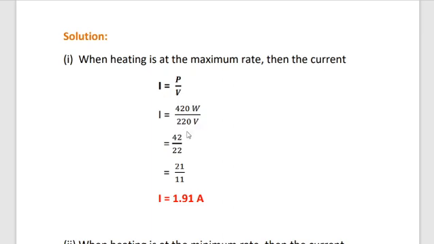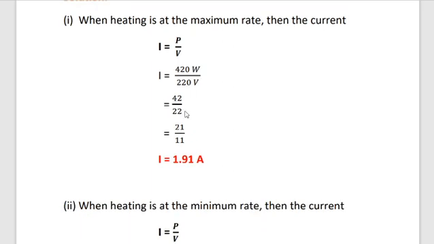The zeros cancel, and the balance is 42 divided by 22. We can cancel with 2 to get 21 by 11, which is equal to 1.91 ampere. So when heating is at the maximum rate, the current I is equal to 1.91 ampere.